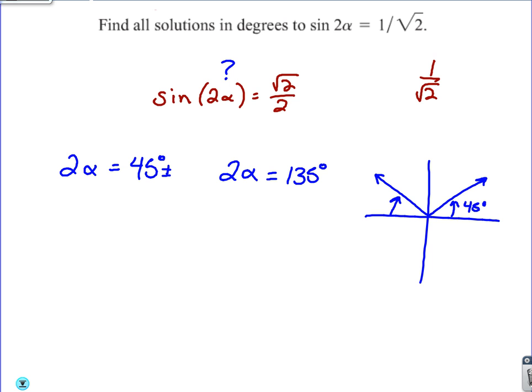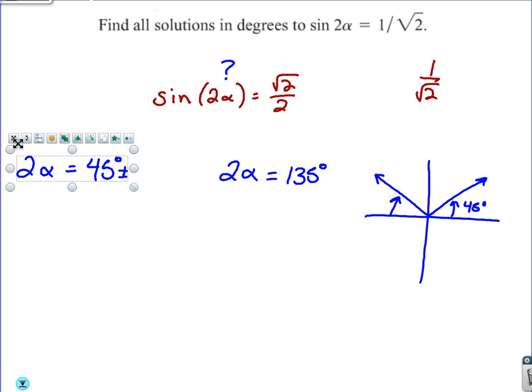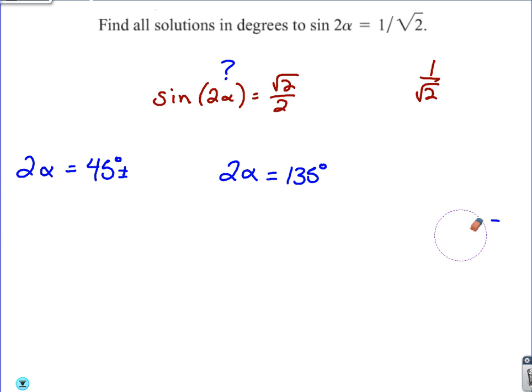Let me erase so I have more room. 2 alpha is either 45 plus or minus, since you're dealing with sine, that answer occurs over 360 degrees, plus or minus 360 degrees.